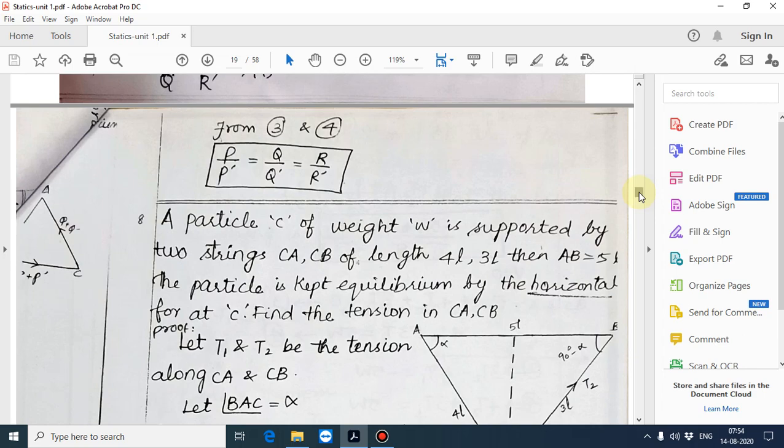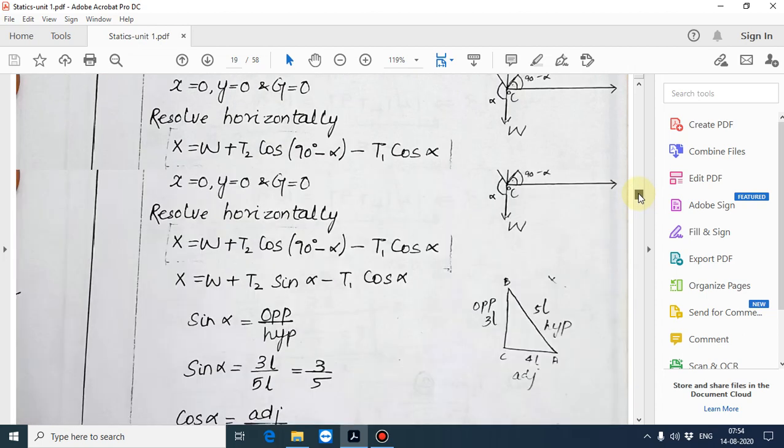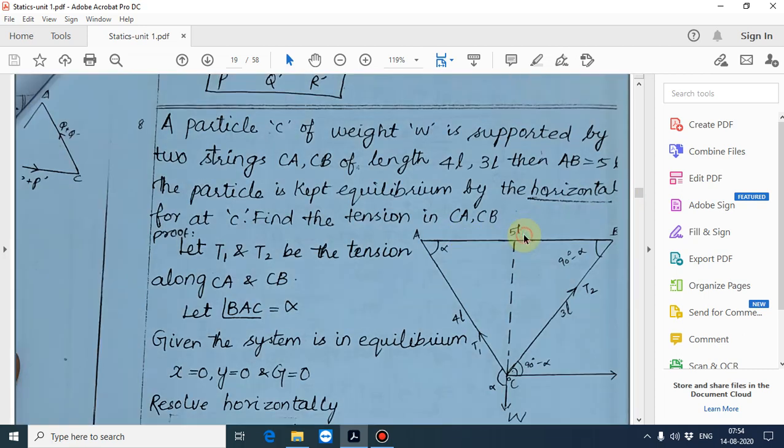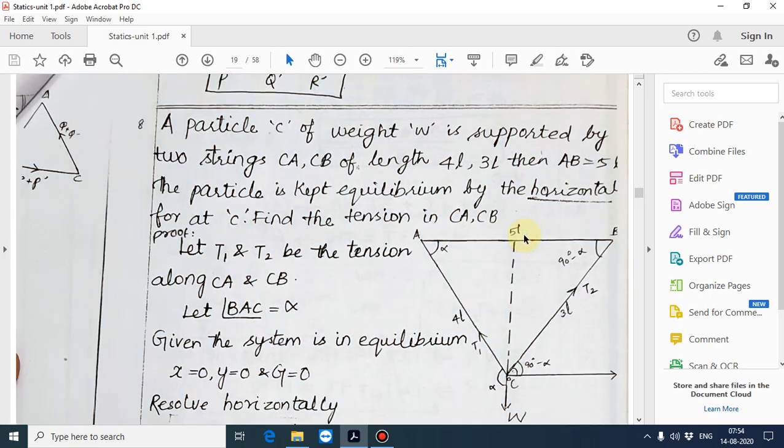You see the proof, ma? Here, you see the diagram ABC. AB they have given 5L, CA and CB they have given 4L and 3L.